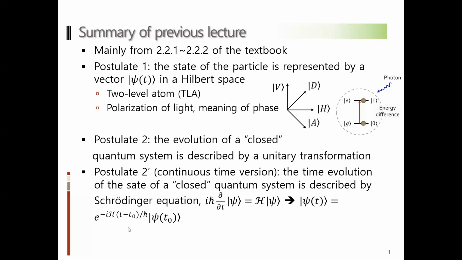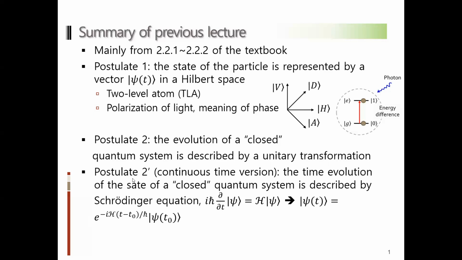This solution has the exact form of what we said in postulate 2, meaning that the initial state is connected to the later state in time through a unitary operator. As long as this H, which is a Hamiltonian, is a Hermitian operator, then this exponential of the complex-type Hermitian operator is actually a unitary operator.